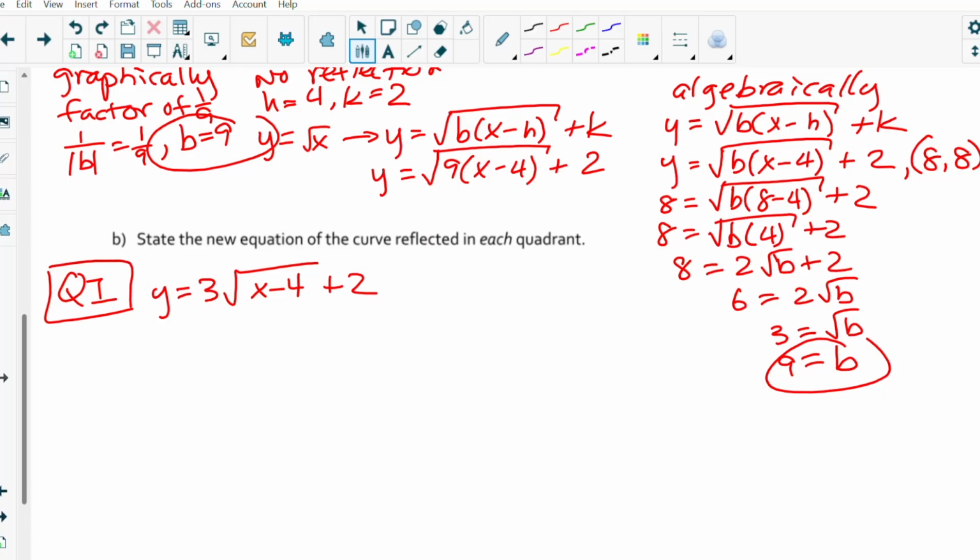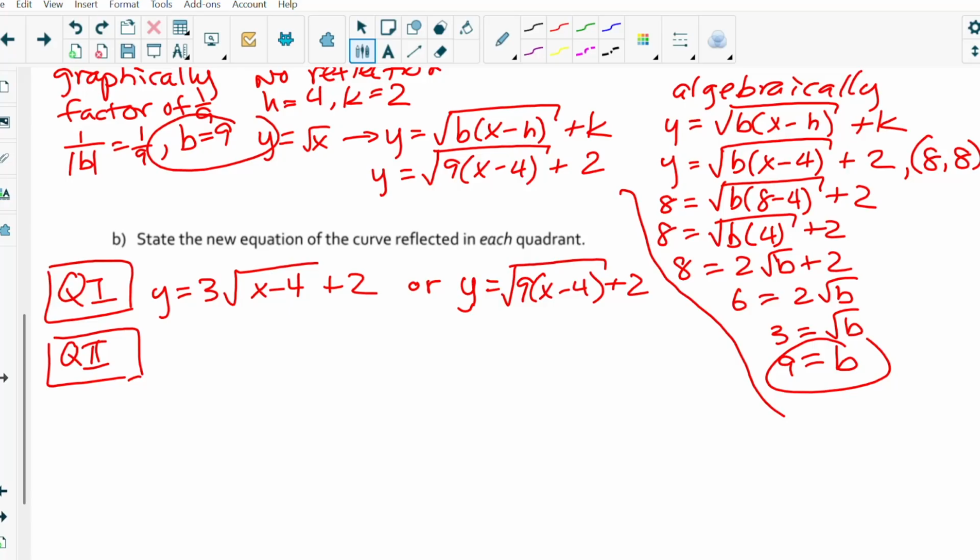If I'm reflecting it into quadrant 2, and let me do both versions, y equals square root of 9 times x minus 4 plus 2.